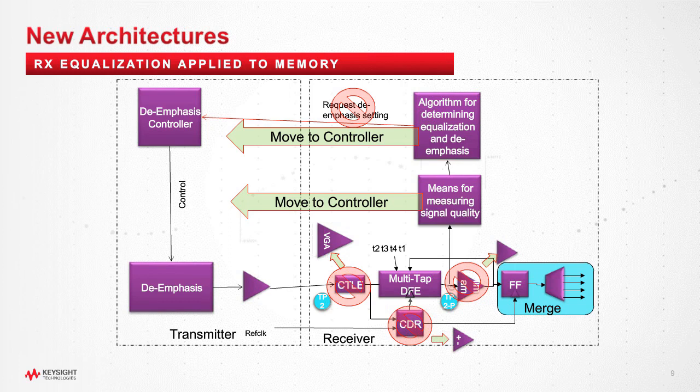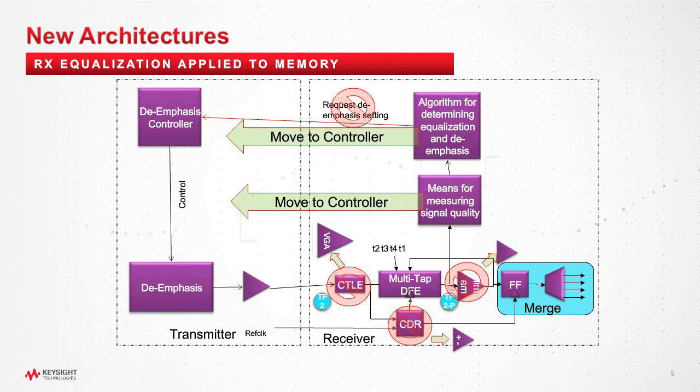But the receiver, in order to make this work, needs to be able to know whether the eye that it's seeing is open or not, and it needs to figure out, based on that, what kind of adjustments to make to its own equalization settings. And so the sequence is, it will get sent a training sequence by the controller, and it'll make the best eye out of that it can.